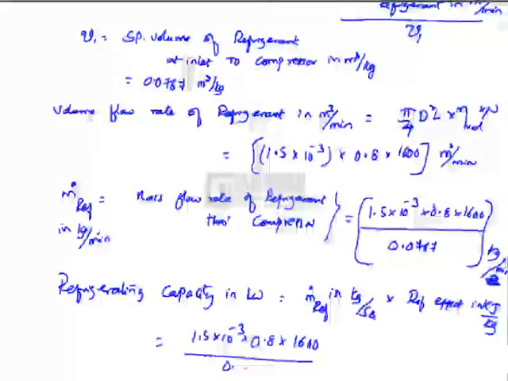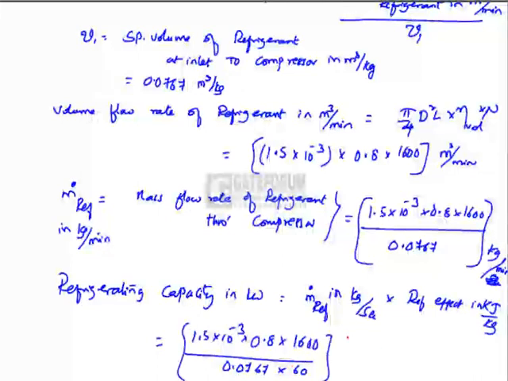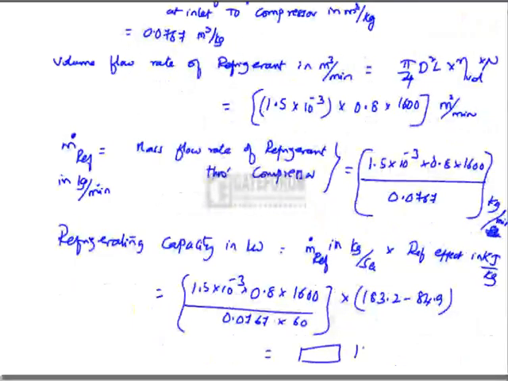This is mass flow rate of the refrigerant in kg per minute, divide with 60 so that we get the m dot in kg per second. M dot is mass flow rate into refrigeration effect is 183.2 minus 84.9. This gives the refrigeration capacity in kilowatts. That is one of the answers.